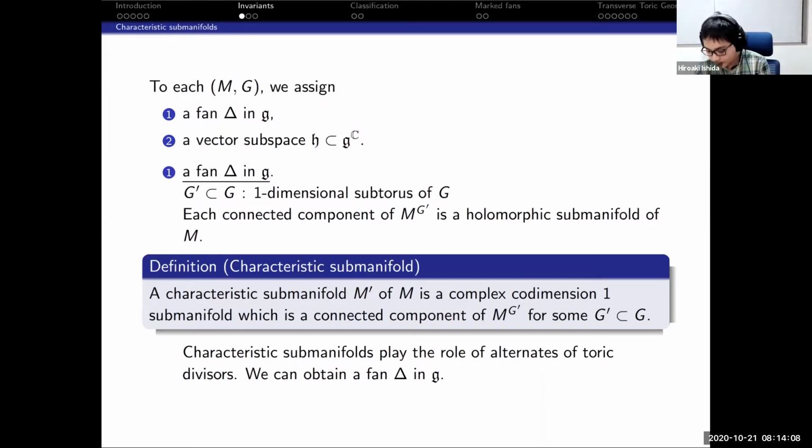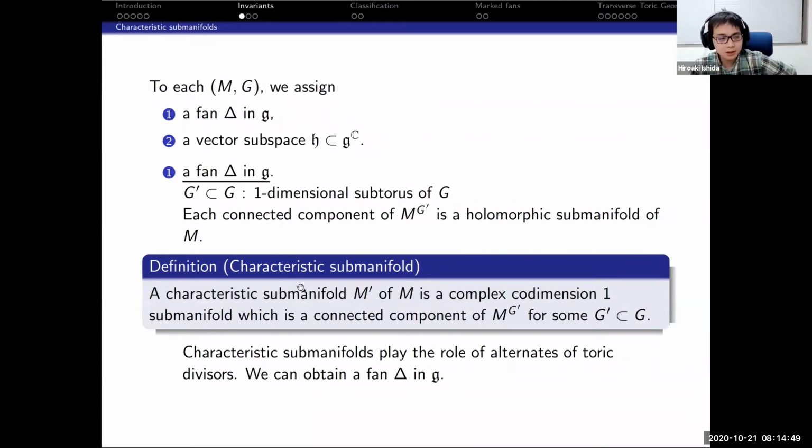To deduce a fan from M, G, we need a characteristic submanifold. Let G prime be a one-dimensional subtorus of G, and then each connected component of the fixed point set is a holomorphic submanifold of the manifold M. With this understood, let me introduce the characteristic submanifold.